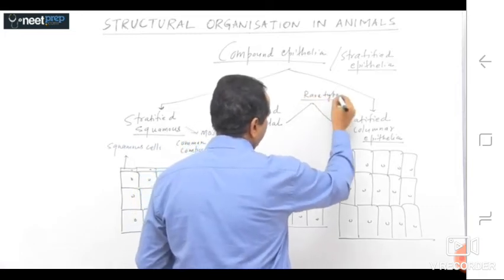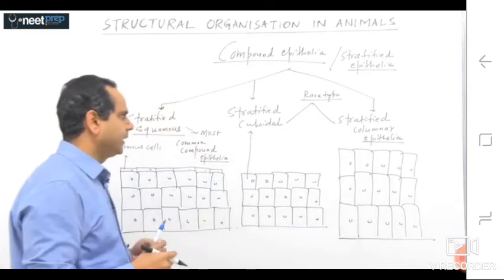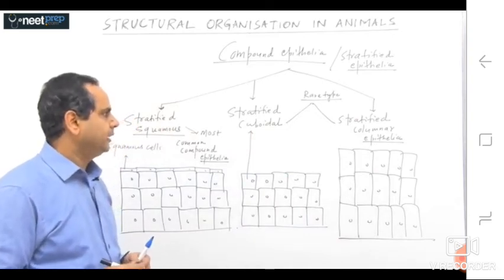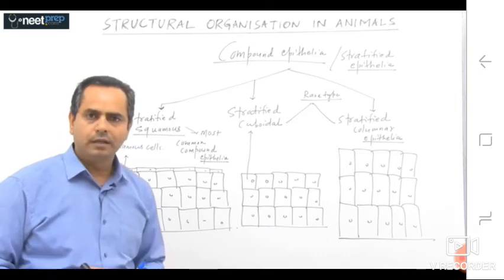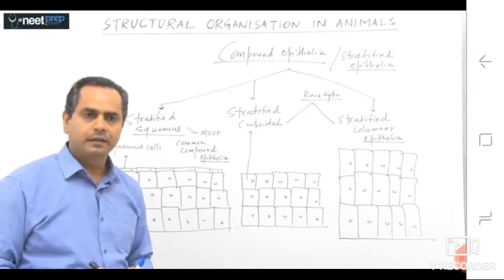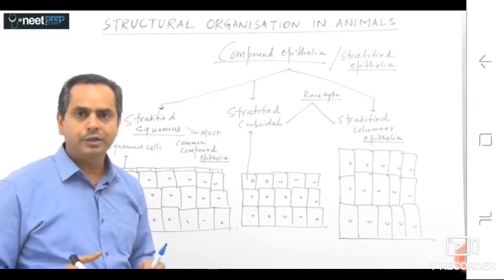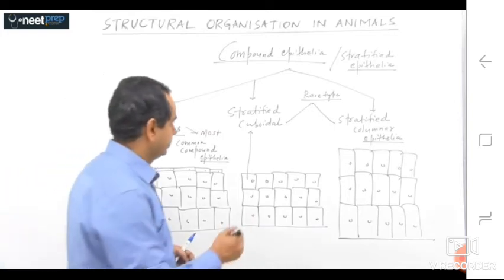They are not very common in our body, but examples we can remember, like if we talk about stratified cuboidal, it is present in the ducts of mature sweat gland and the esophageal glands.